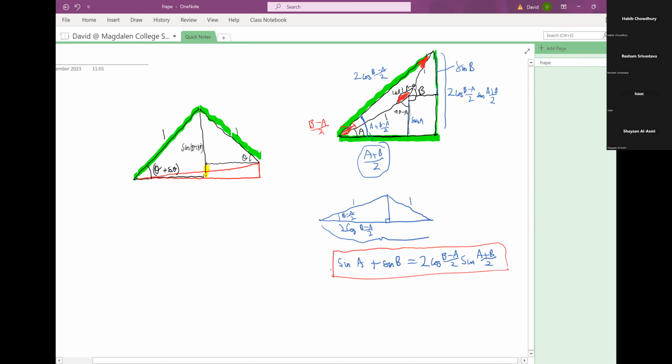Okay, I could have done similar geometry on the diagram on the left, this one, but the angle chasing and the sort of finding the angles is a little bit more tricky.